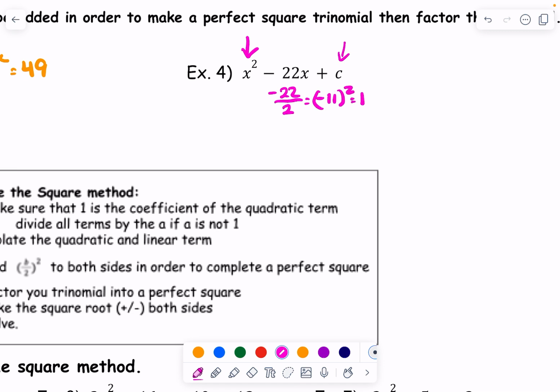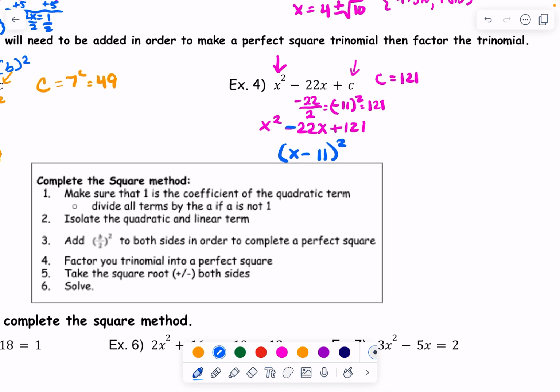And that would be 121. So that means c would be 121, which means we would rewrite this as x squared minus 22x plus 121. And then if we wanted to, we could make it a perfect square with x and 11 using that middle term, because we just created that perfect square.